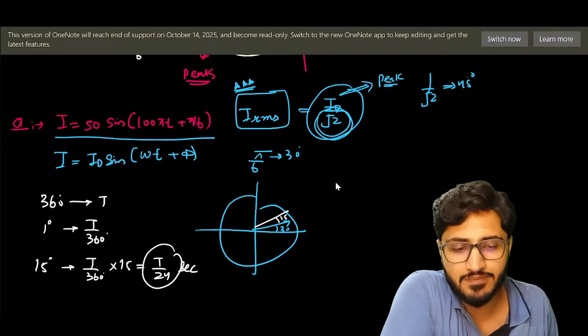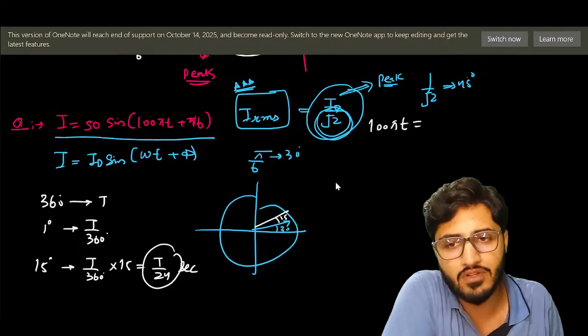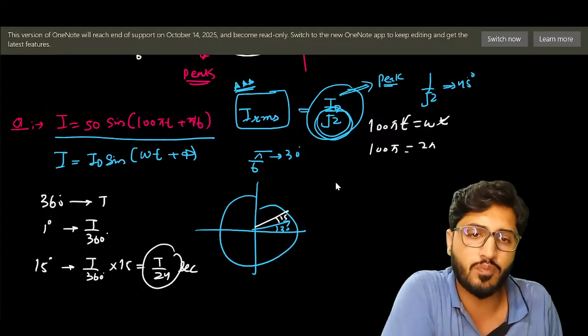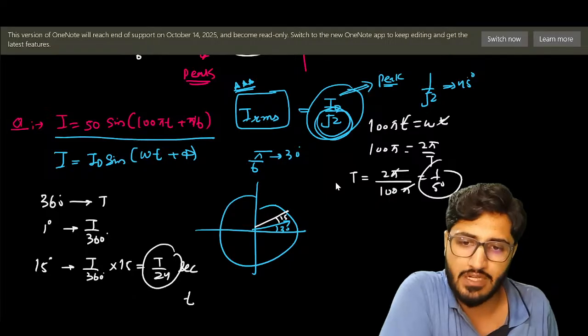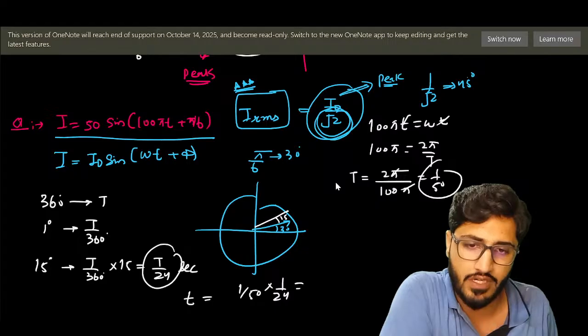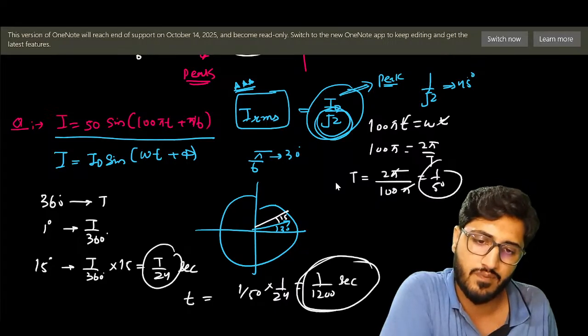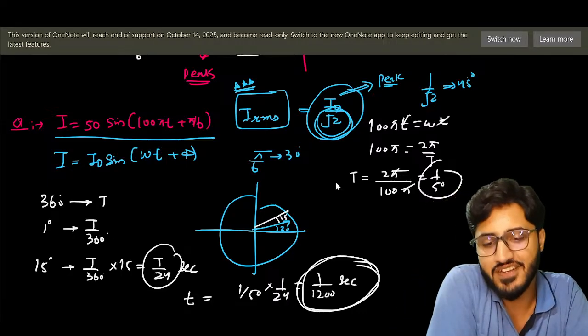Now I need my T. Here, 100 pi t equals omega t, so omega is 100 pi, and T is 2 pi divided by 100 pi. Cancel out, it is 1 by 50. So the answer is 1 by 50 multiplied by 1 by 24, which is 1 divided by 1200 seconds. Very easy, no?